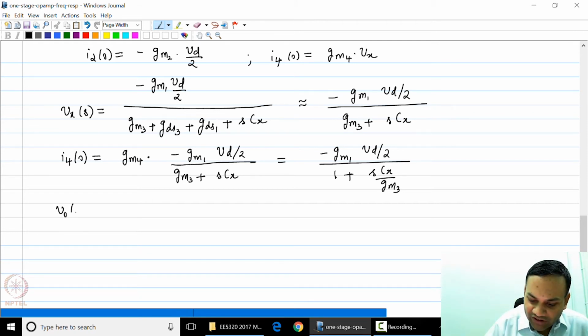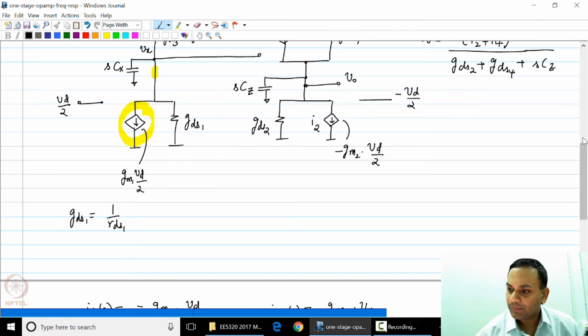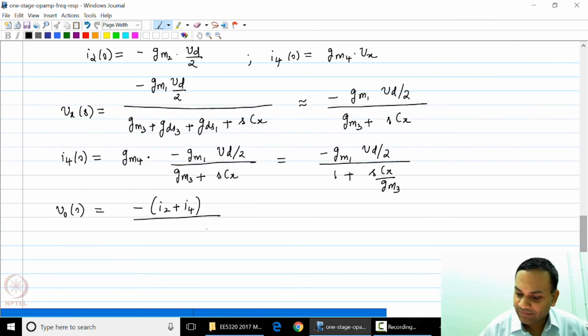the output voltage VO of S, we have seen that it is minus of I2 plus I4 over GDS2 plus GDS4 plus SCZ.